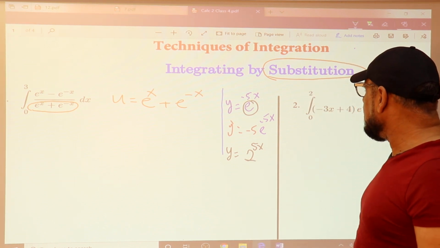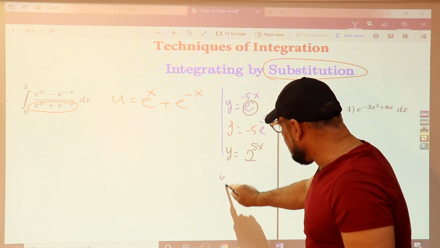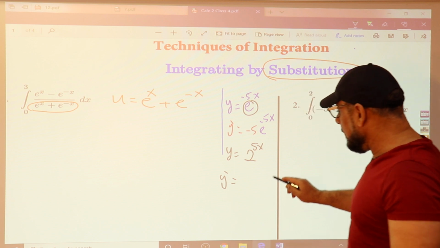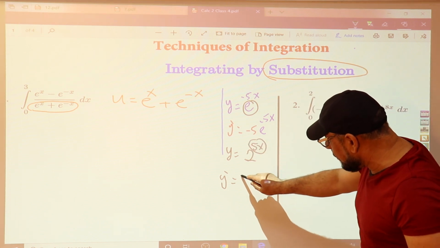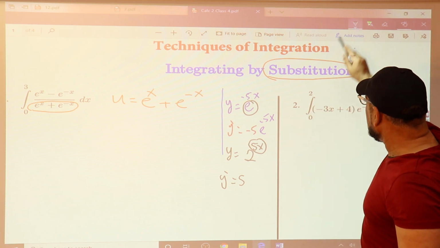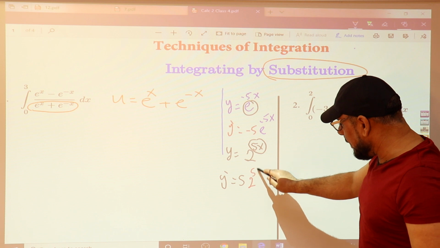Now, how do we derive it? y prime equals... Look, two steps. The first step is to derive this 5. Then leave 2 to the 5x.